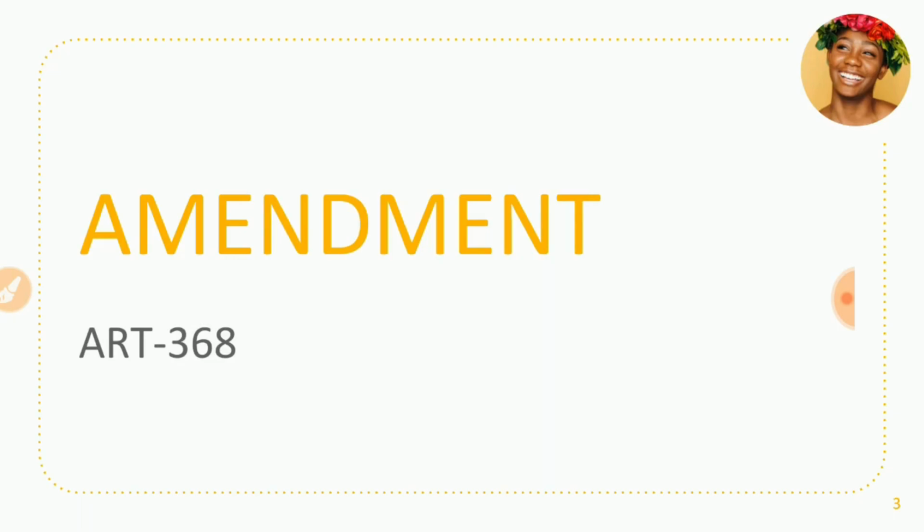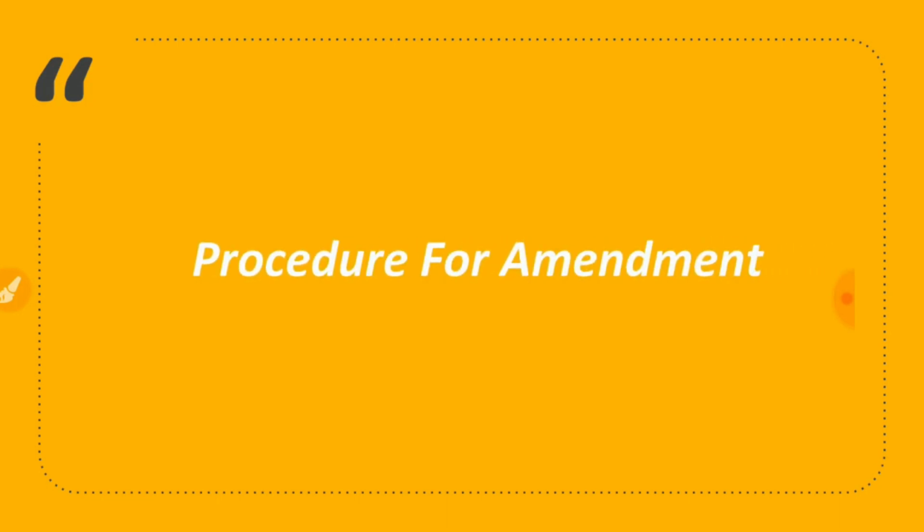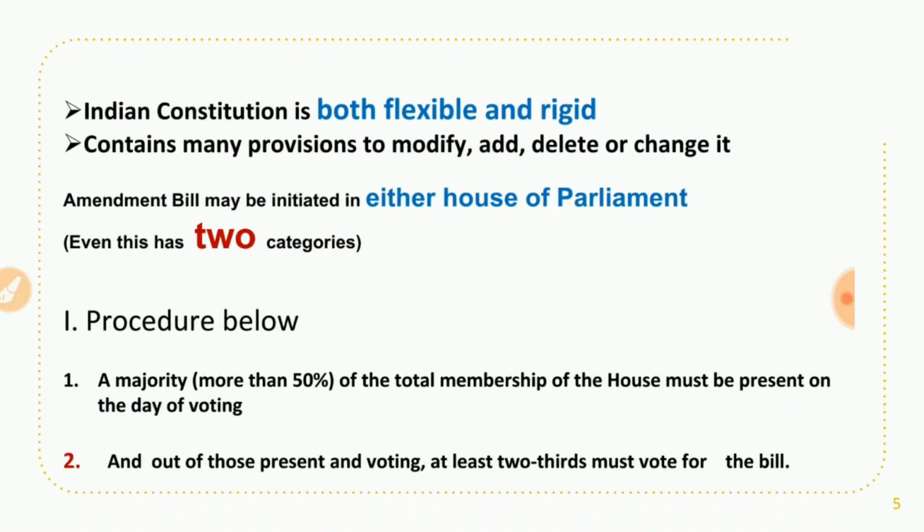So let's start with this amendment. We have a procedure for amendment. What is the main important procedure? As we all know, our Indian Constitution is called flexible and rigid.